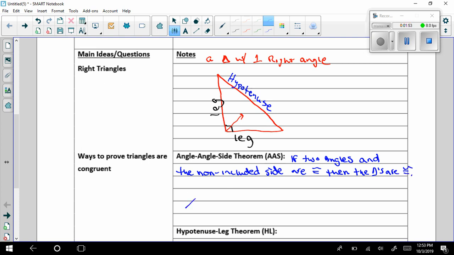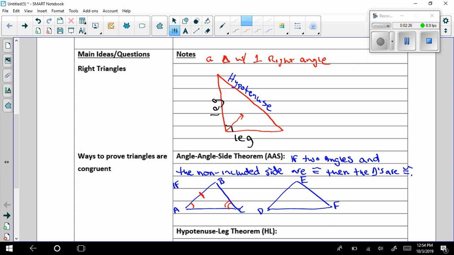So that looks like this. So we have a triangle here. So let's say A, B, C, and then you have maybe D, E, F, and in those triangles you have marked an angle, and then the non-included side. So remember yesterday we had angle, side, angle with the included side.